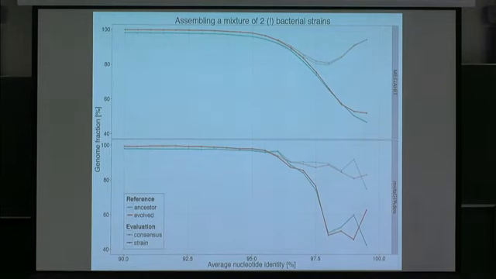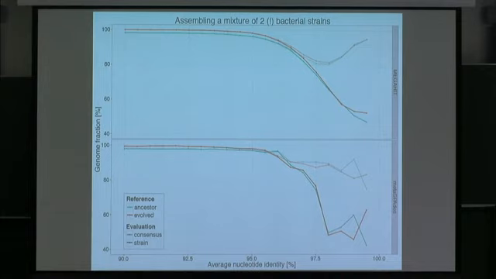What you see here is we just constructed a minimal challenge example of 2 microbial genomes, one E. coli, I think it was, and one that we evolved using a strain evolver from Aaron Darling to have a different average nucleotide identity. So on the x-axis you see the average nucleotide identity between the 2 strains, and we use 2 recent and modern metagenome assemblers to assemble a mixture of those two strains.